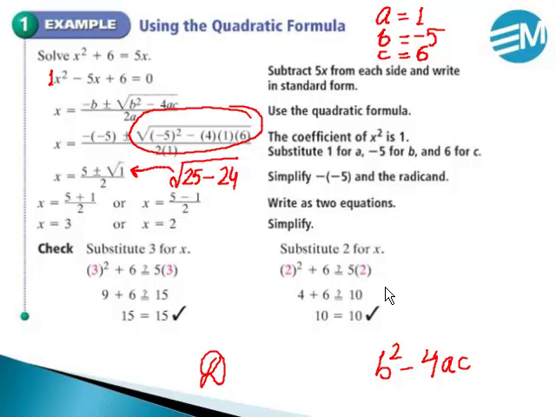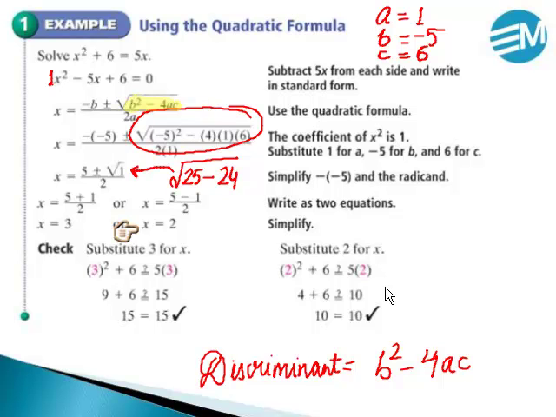Let me show you this part. After solving this equation, the positive and negative sign means that one time we take it as positive and the other time we solve it using negative, in order to get two solutions, because a quadratic equation has two solutions. So the two solutions are 3 and 2. We can also check our solution by substituting 3 in the original quadratic equation.